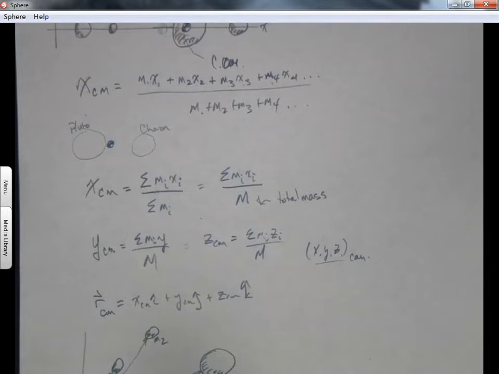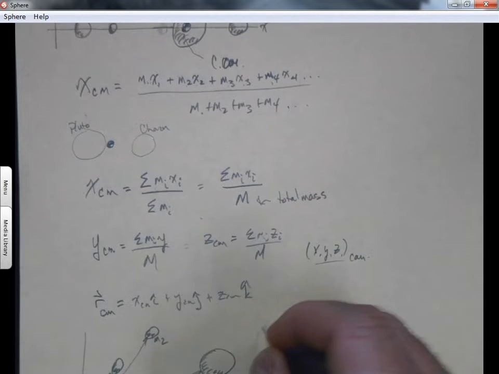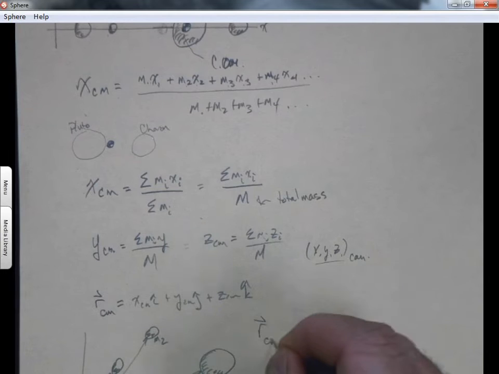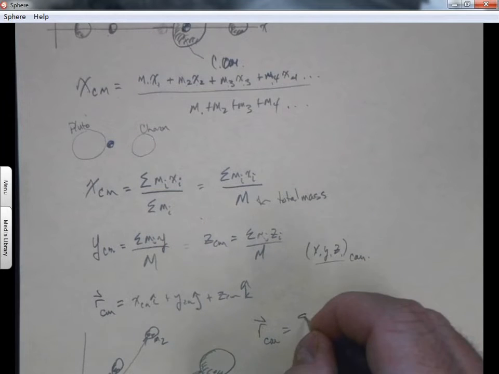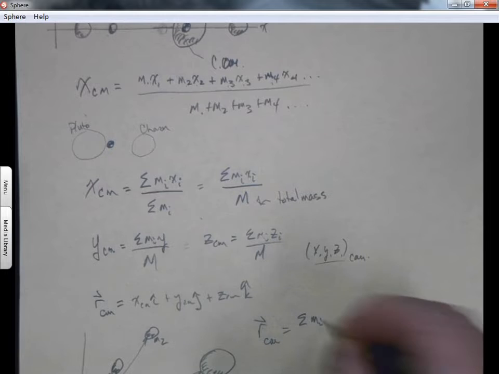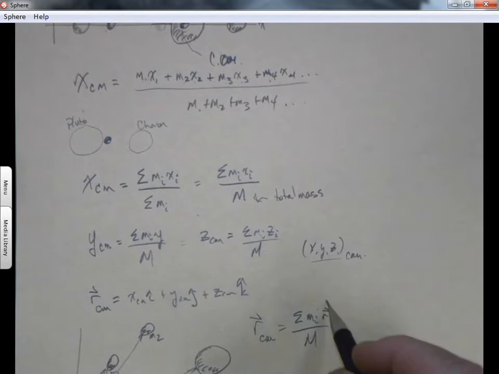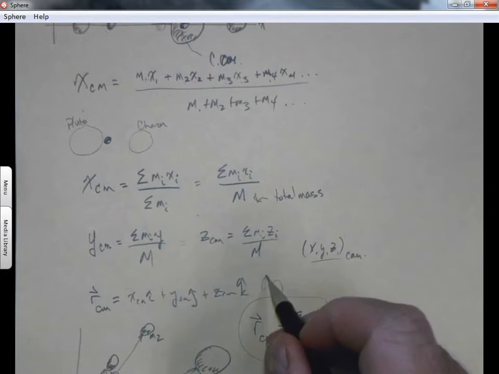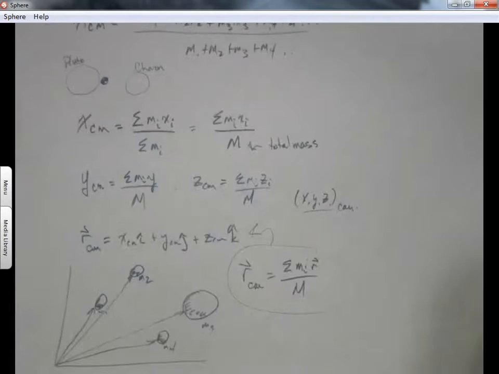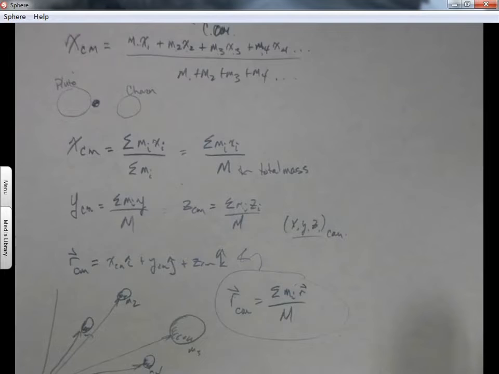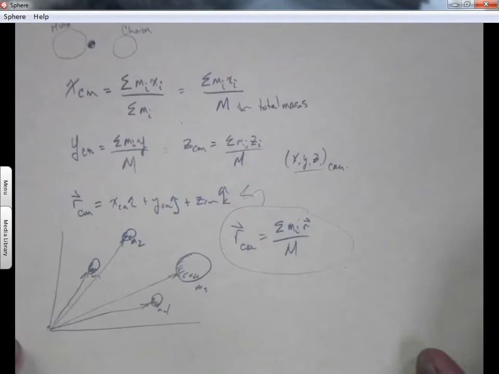So what this really winds up being is that the center of mass, r_cm, equals the sum of the individual masses times their vectors over the total, and this is the same thing as that. I didn't draw that very well for you, but we have that going on.